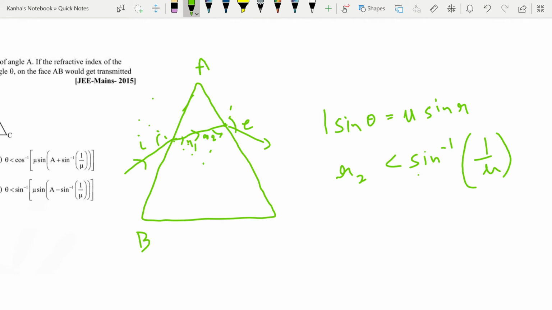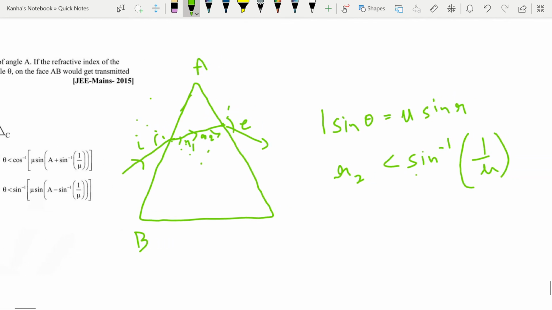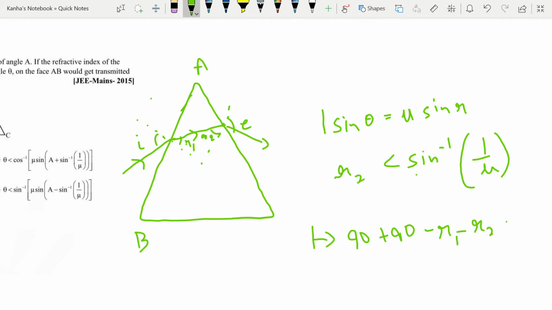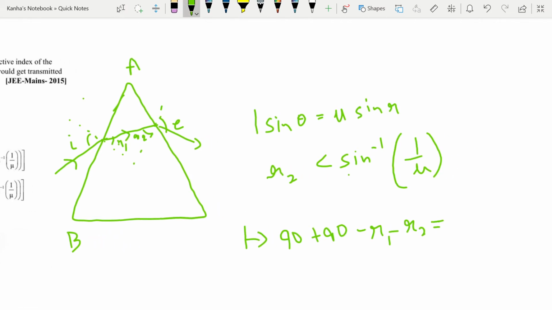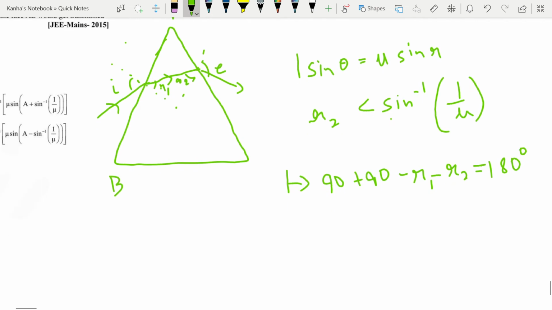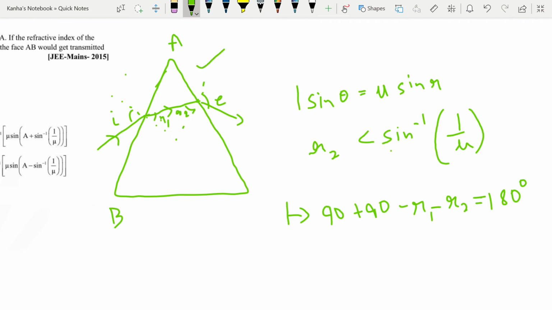Now if you look closely at the prism, you should note that 90 degree plus 90 degree minus r1 minus r2 is equal to a total of 180 degree. I can easily write this down if you just make the triangles in this state.